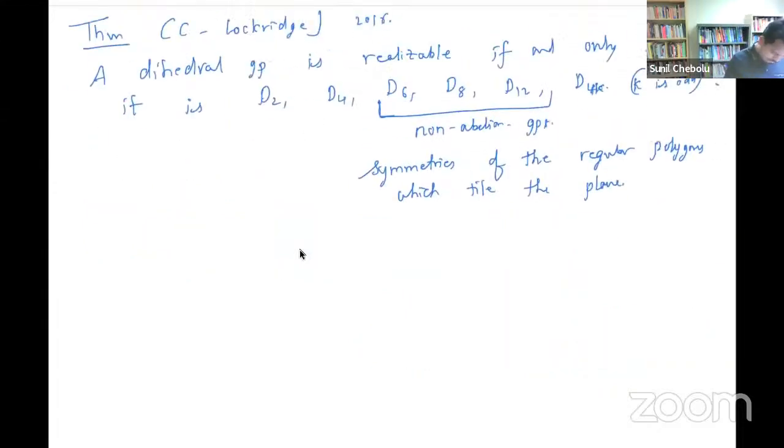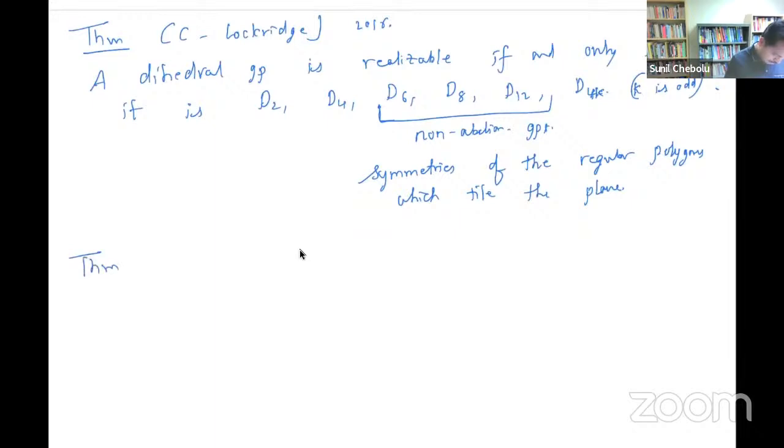And then I think a year later, again with Lockridge, we answered this question for quaternion groups and dicyclic groups and almost cyclic groups. So for a whole class of families, we answered this question.